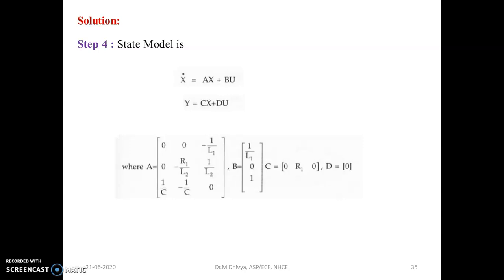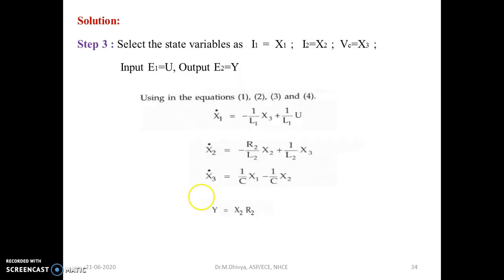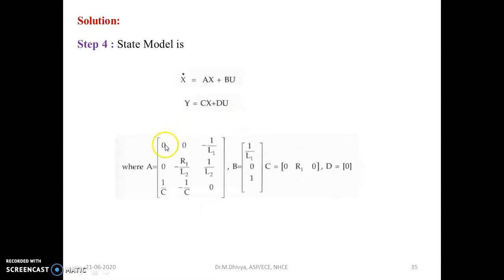The system matrix is obtained from the equations x1 dot, x2 dot and x3 dot. Here the coefficients of x1 and x2 are 0 and of x3 is minus 1 divided by L1. So the first row is 0, 0, minus 1 divided by L1.